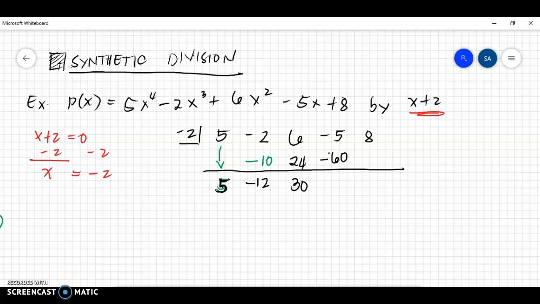So same process lang ng synthetic substitution yung susundan natin. So we have negative 60 plus negative 5, that is negative 65. Negative 65 times negative 2, negative times negative, so that is positive 130. 130 plus 8, we have 138. 138 here is your remainder.